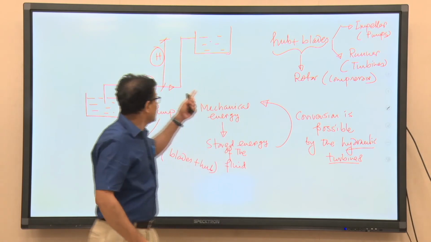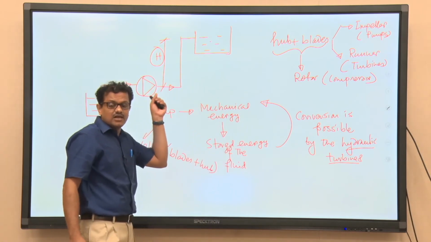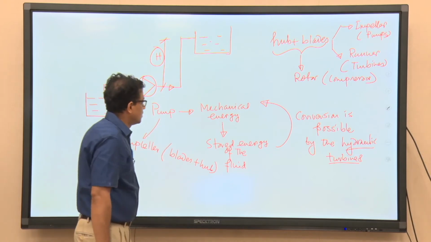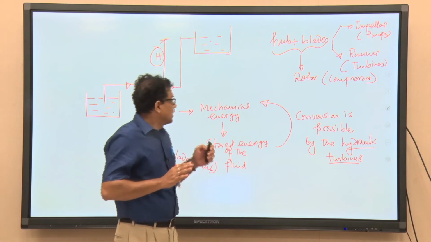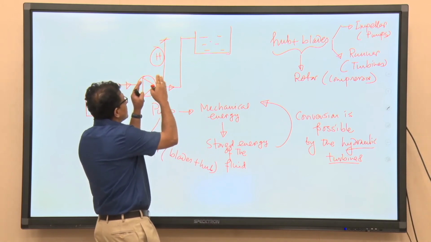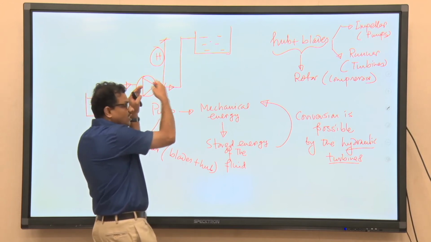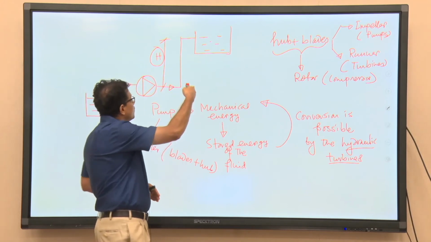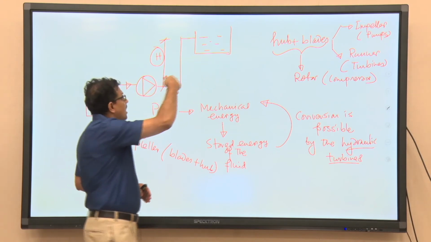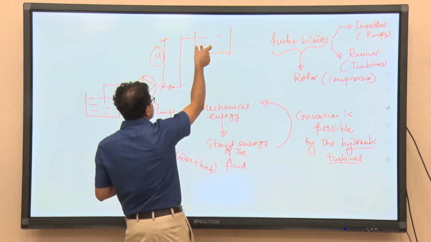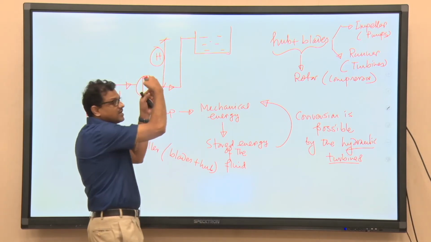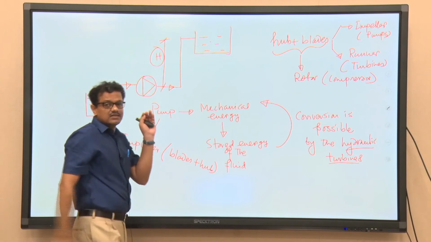Now, depending on the head available at the inlet, turbines can be classified into two broad categories. Try to understand: for hydraulic turbines, the stored energy of the fluid is utilized. Higher the stored energy, that is manifested by this quantity, head.